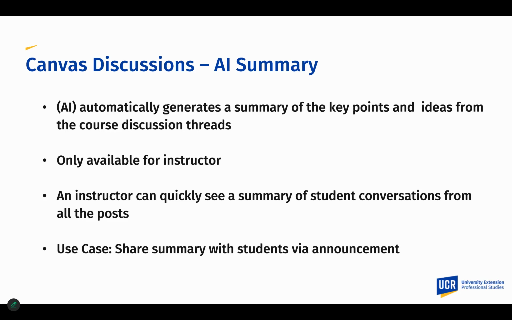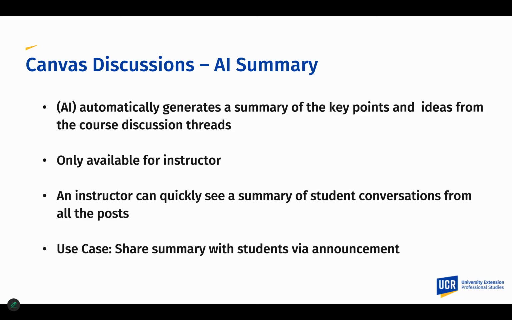So what it does is that, when you start a discussion in Canvas and then students reply to it, they interact on the topic. And now there's an AI summary feature. You could go in there as a teacher and click on it, and it will summarize all the interaction that the students have posted on there.